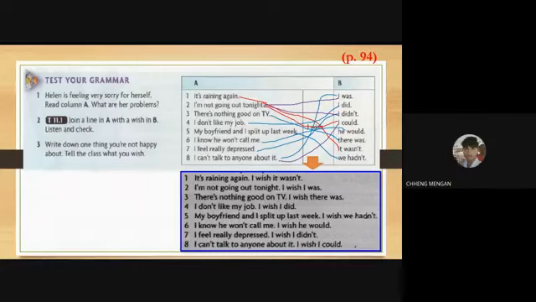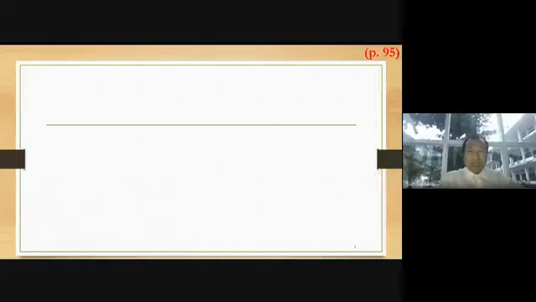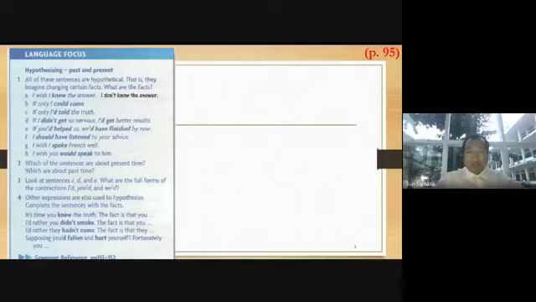Yeah, you can, teacher. Okay, so we will go and focus on the language focus. The language focus is actually just the summary of what I have mentioned or discussed in the grammar reference here. So this one will show you and explain those things, right?